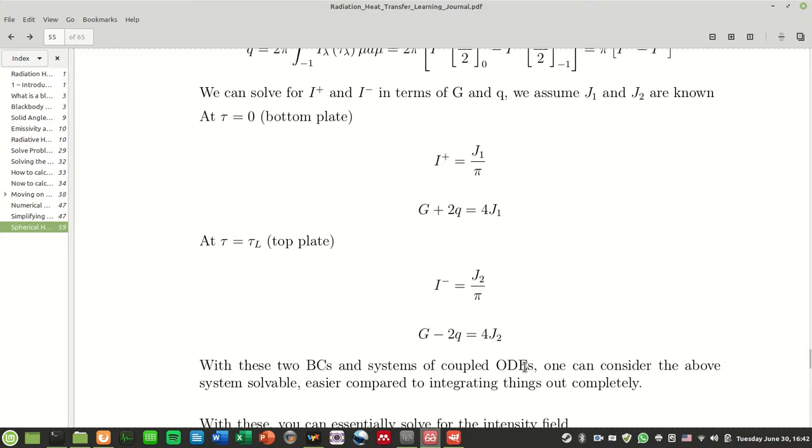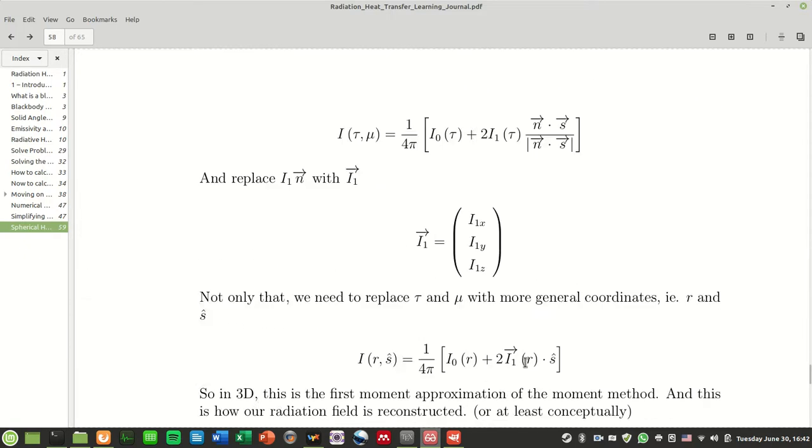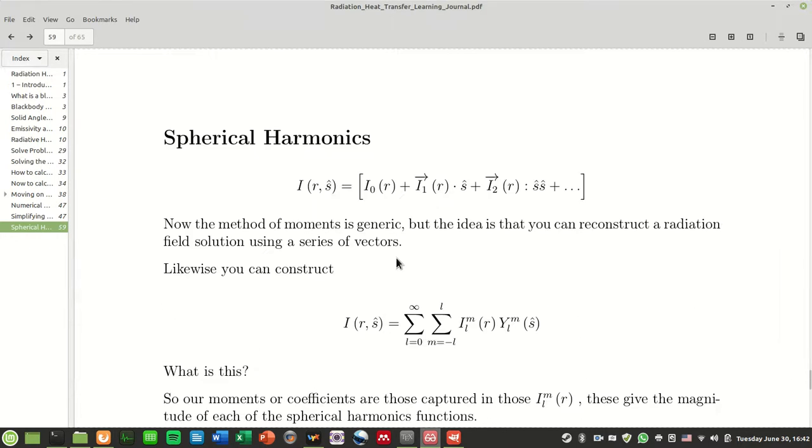we have is that we find that the intensity can be expressed as a polynomial of something like this, where the intensity is a function of r. R is the position dependent part, s is the direction dependent part.